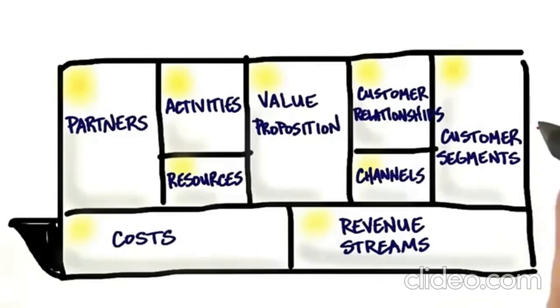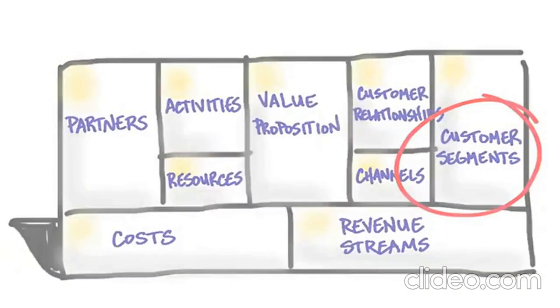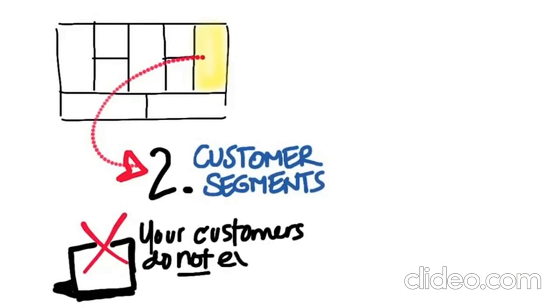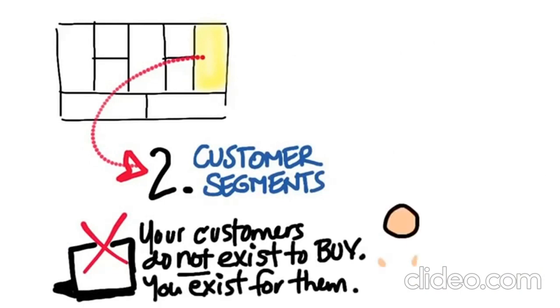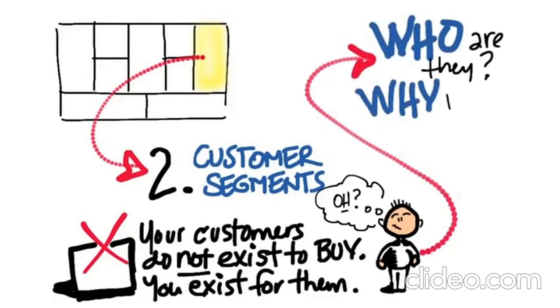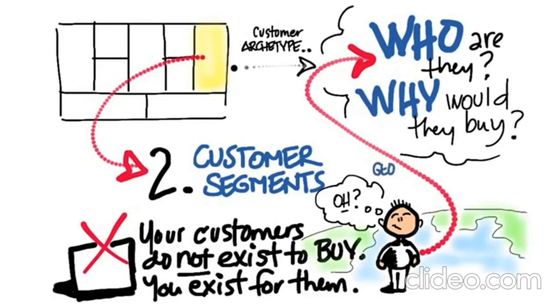So the next thing is, who are my customers? Who are they and why would they buy? And as you'll hear a number of times, your customers do not exist to buy, you exist for them. And what you're going to do by getting out of the building is figuring out all their geographic, social characteristics, demographics, such that you actually could draw and put up a picture on your wall of who the archetype is or who the persona is of your customer.